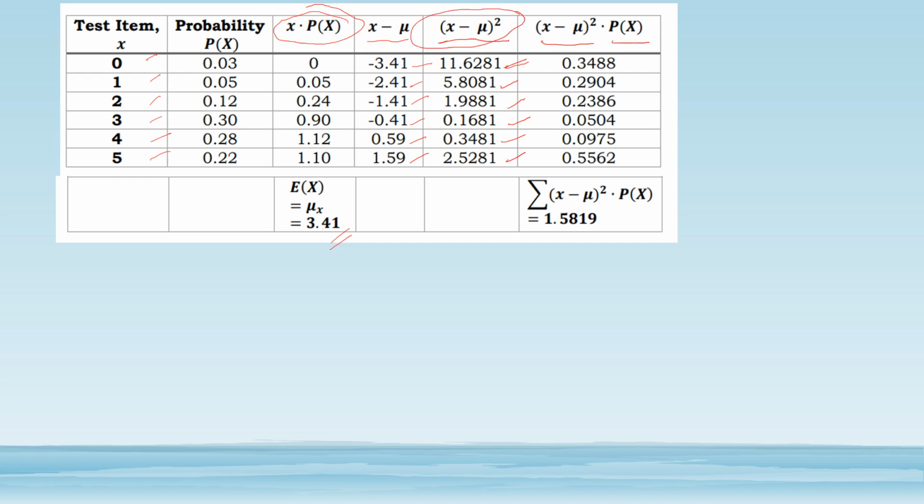So this one and this one. 11.6281 times 0.03 is 0.3488. 5.8081 times 0.05 is 0.2904. 1.9881 times 0.12 is 0.2386. 0.1681 times 0.3 is equal to 0.0504.